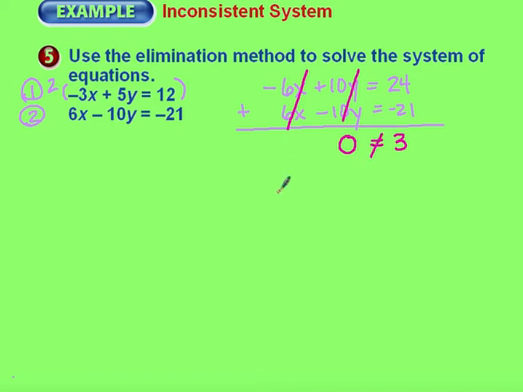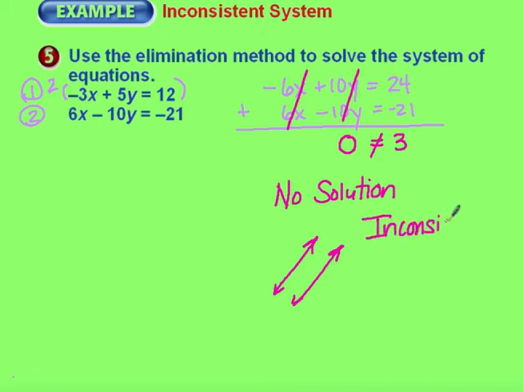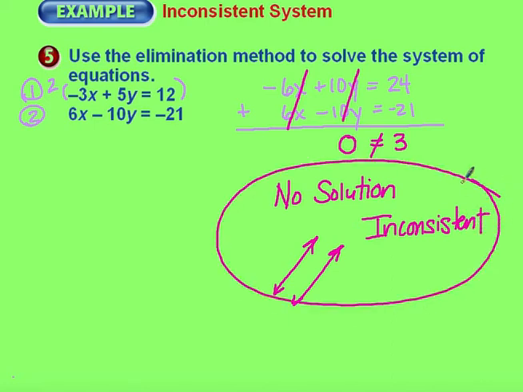That must mean that no solution would ever work to satisfy these two equations. That must mean that when they were graphed, they had the same slope, but they had different y-intercepts. So this would have been a solution set that was inconsistent if we went to categorize them. So this guy would give me no solution.